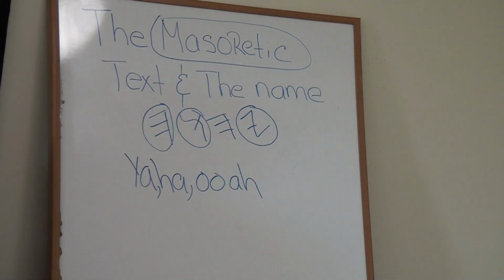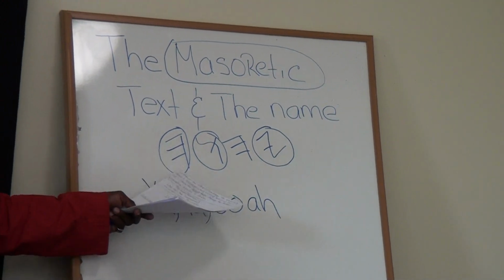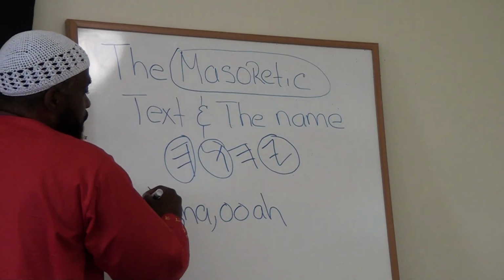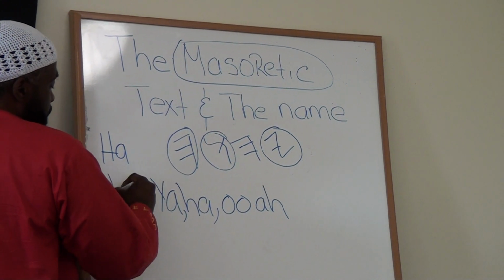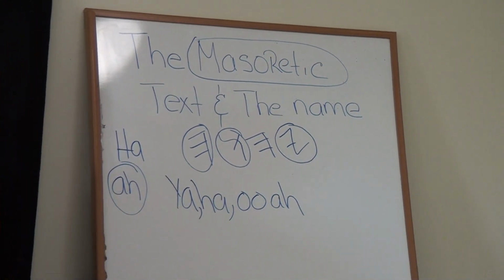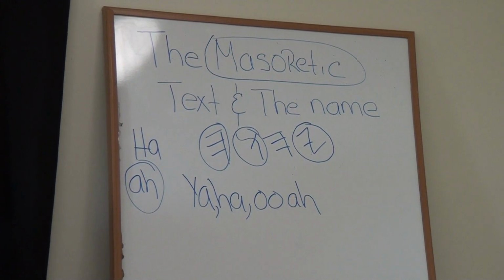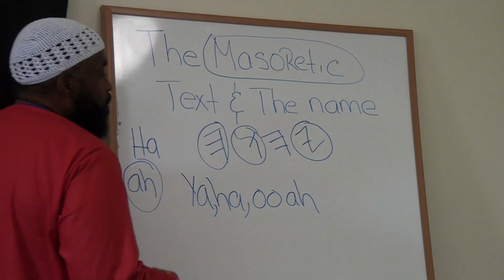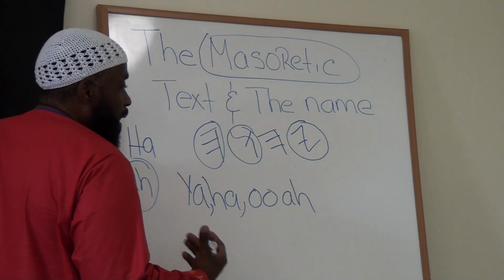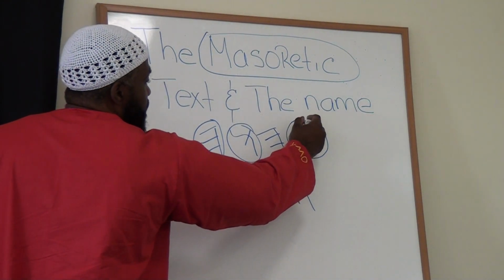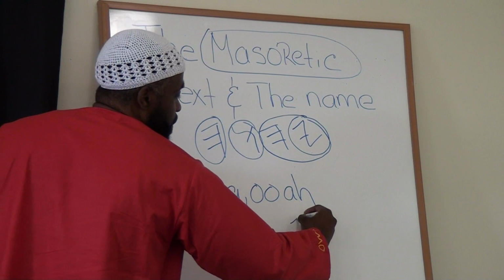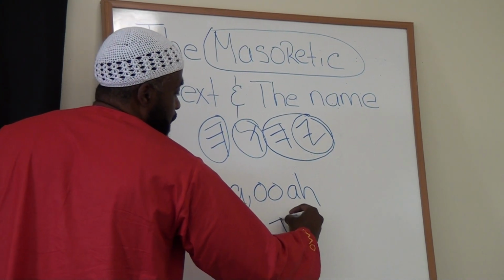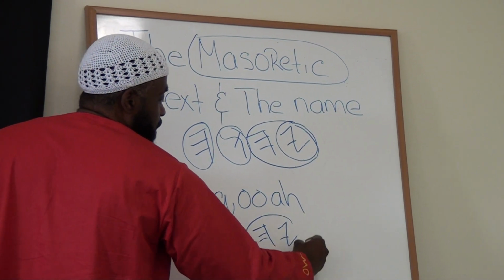That's the final. So whenever you see this symbol here at the end of a word, it doesn't take on a ha sound. It takes on an ah sound. All right? That's just basic Hebrew grammar. And so the way that we're doing this now, correctly pronounced, the way that I'm seeing it, is that you have Yah, which is the Yod and the Hey, said together, Yah.